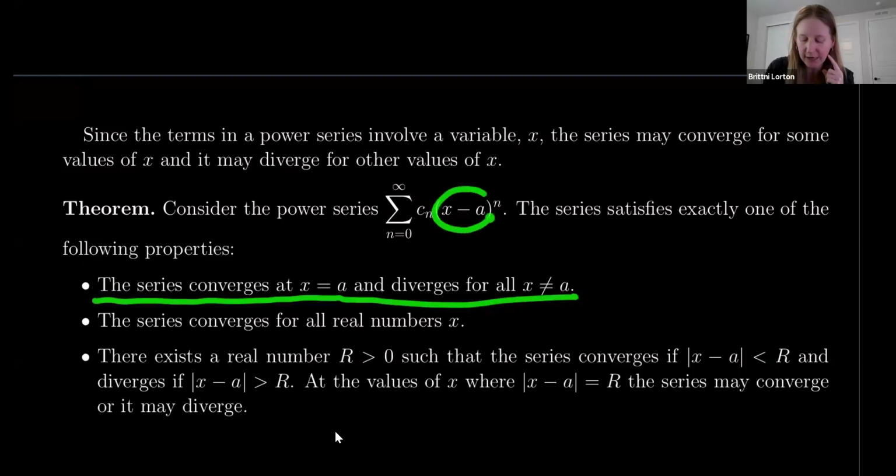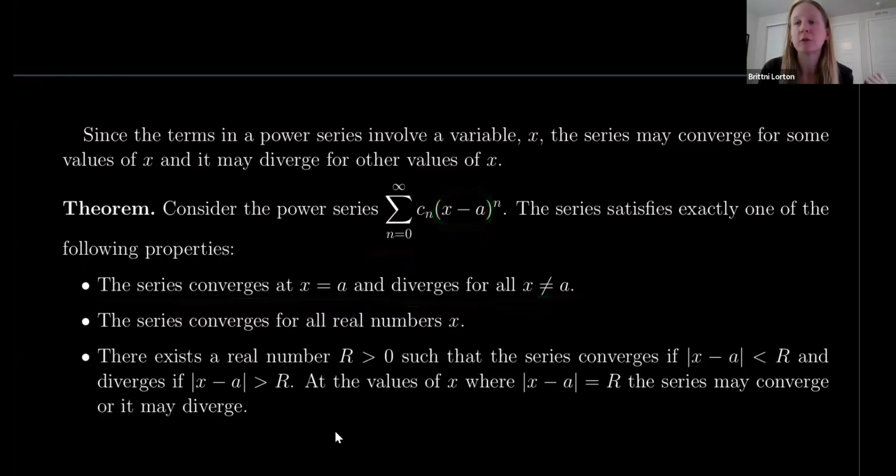Here's why it will converge at x equals a. If I plugged in x equals a, that would get 0. If you add up infinitely many zeros, you get 0. So that still converges. So maybe it possibly converges at x equals a, and that's it. Maybe that's the only number I could plug into the infinite polynomial and get a convergent series. Maybe it diverges for everything else.